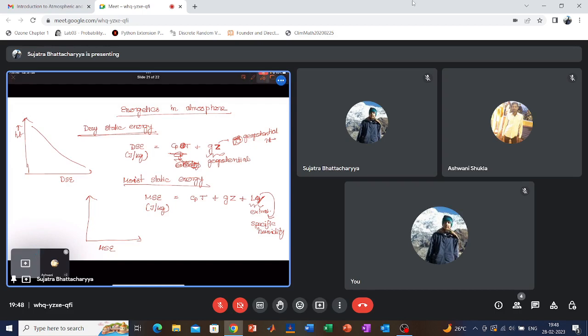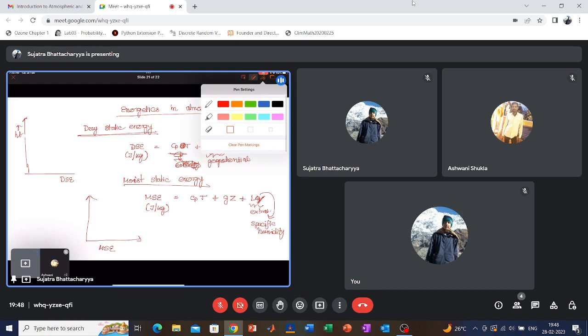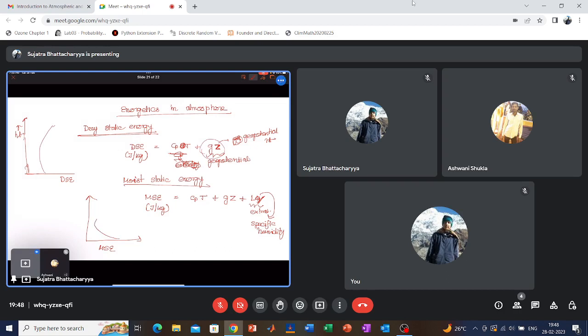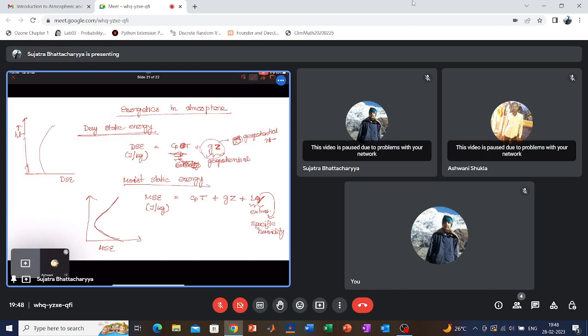Wait. Dry static energy is always increasing, because you can see that T although decreases, but gz is very high, so it generally tends to increase. And this moist static energy is like this. Fine. This is the moist static energy.